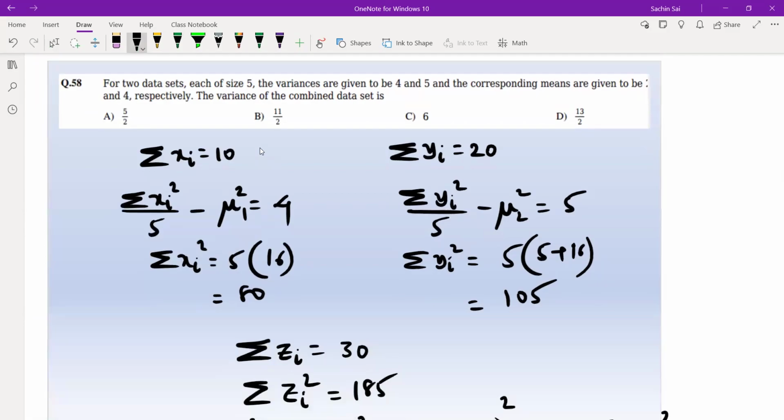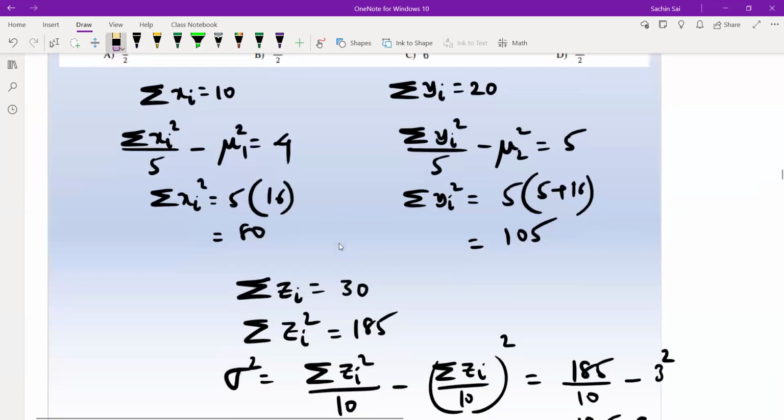For the variance, mean of squares minus square of mean is 4. So mean is 2. So 2 square. Oh, I'm so sorry. I made a calculation mistake here, right? Instead of 16, this should be 8. So this sum should be 40.